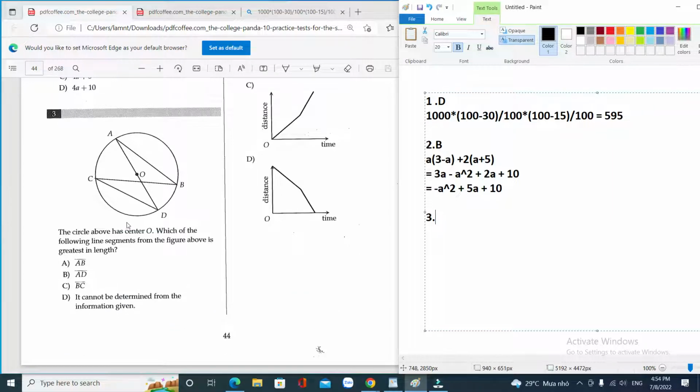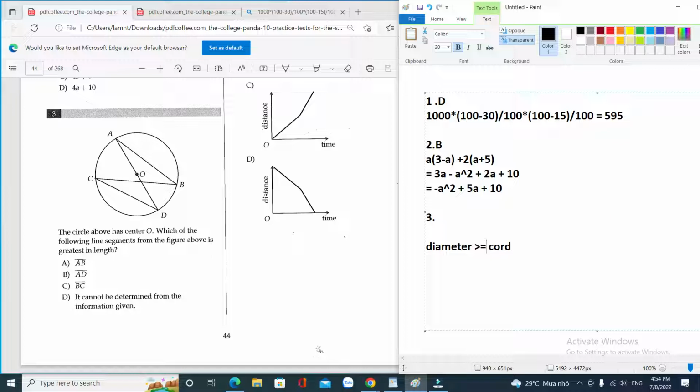Number 3, the circle above has center O. Which of the line segments from the above is the greatest? Okay, so we know that the diameter is always bigger than or equal to the chord.